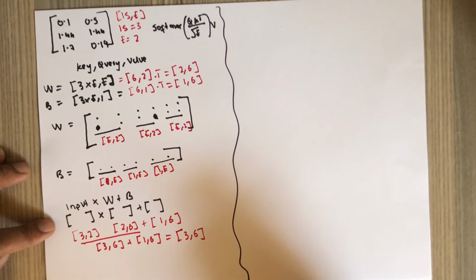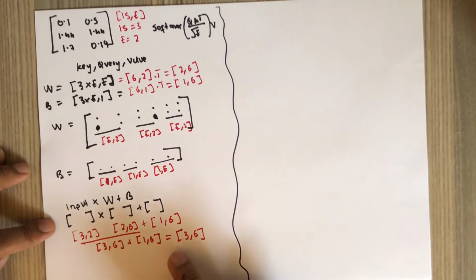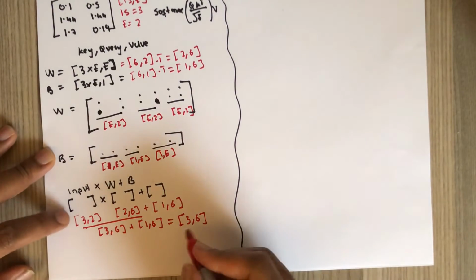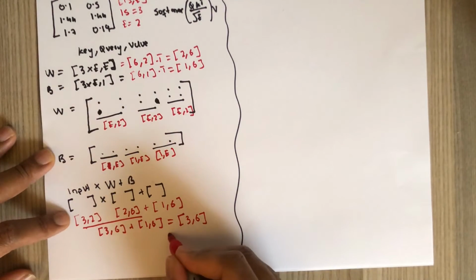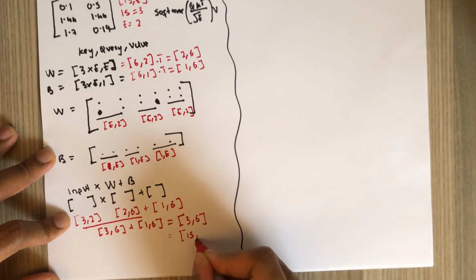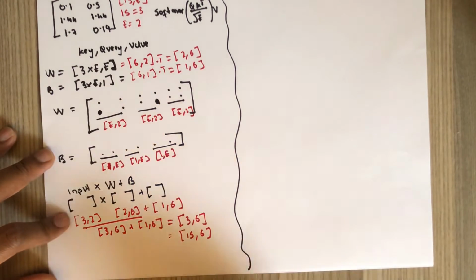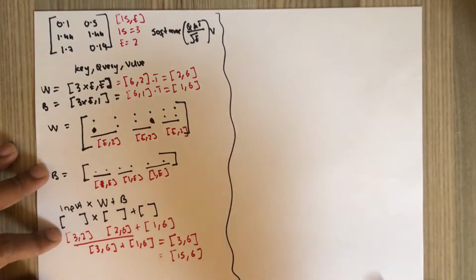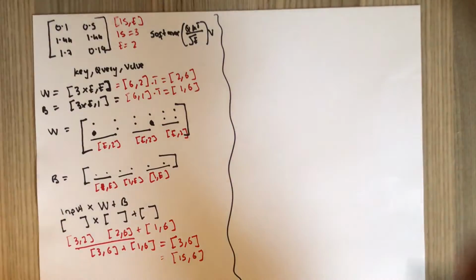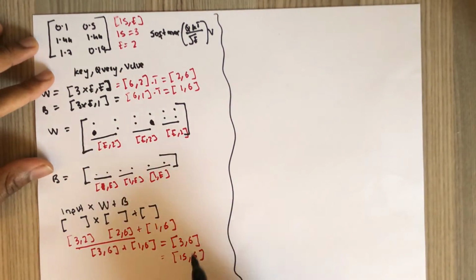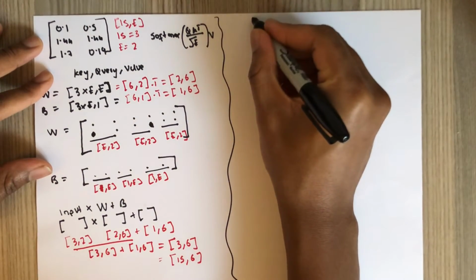Sorry, is it 3 by 6? Yes, it is 3 by 6. And this 3 by 6 is actually the same as IS by 6. Okay. So let's see what this output tensor looks like. So it is something like this.